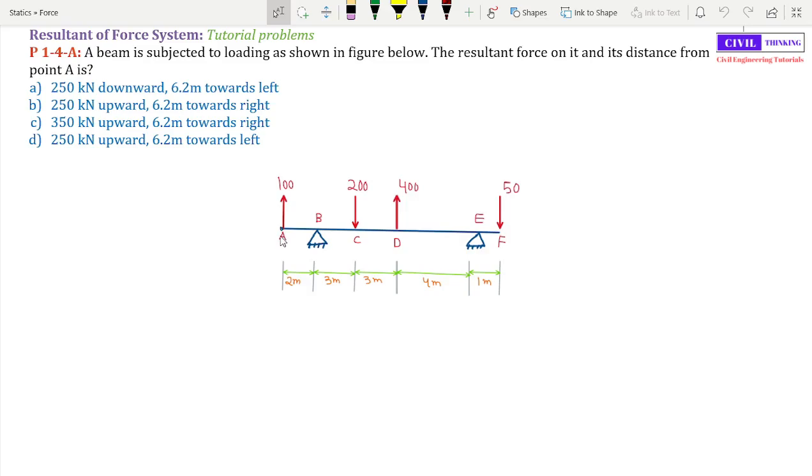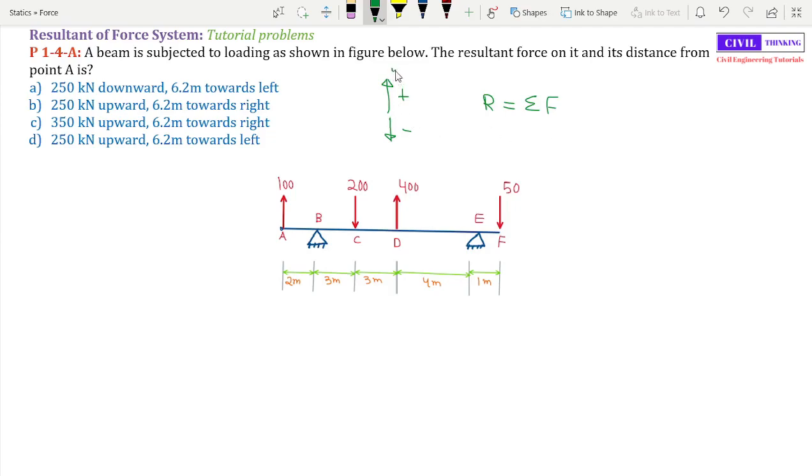Now let us first find the resultant. All of these forces are in the vertical direction, right? So let us assume the upward forces are positive and the downward forces are negative. Now let R be the resultant. Then the resultant is the summation of all the forces in the vertical direction.